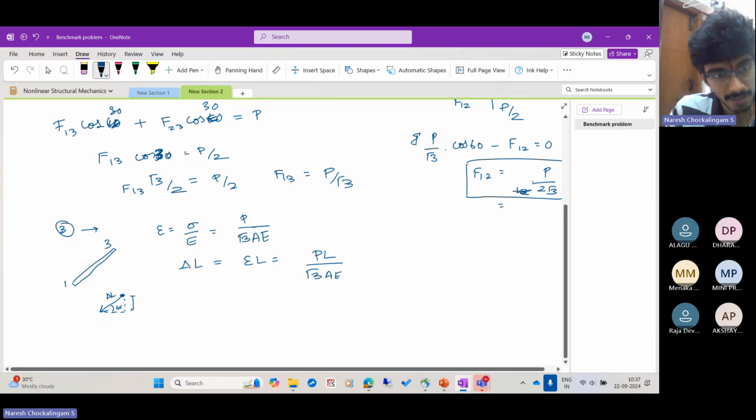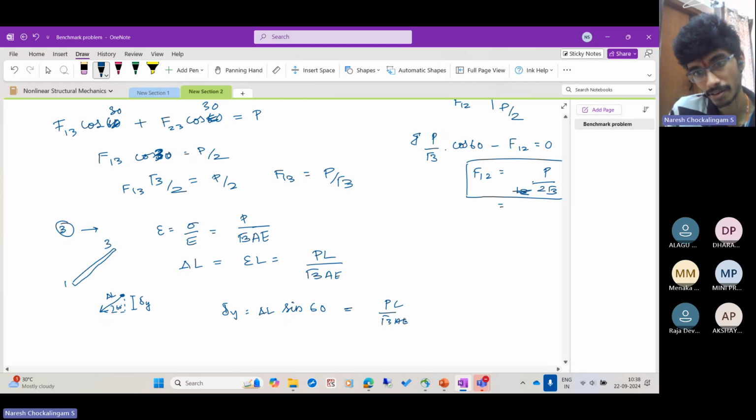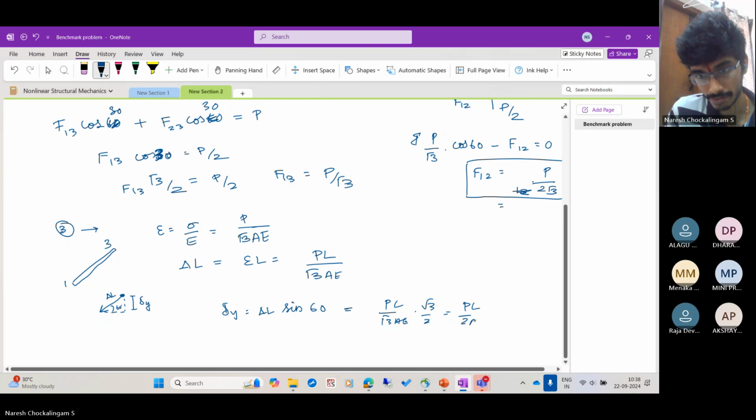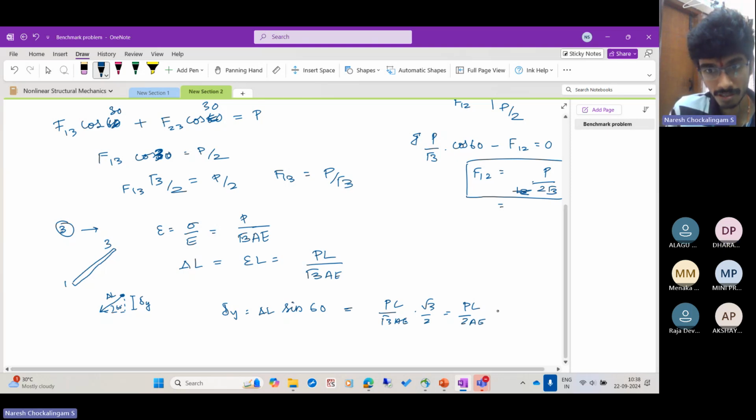What is the vertical displacement? Let's call it delta Y. Delta Y is equal to delta L sine 60, which is PL by root 3 AE times root 3 by 2. So it is PL by 2 AE.